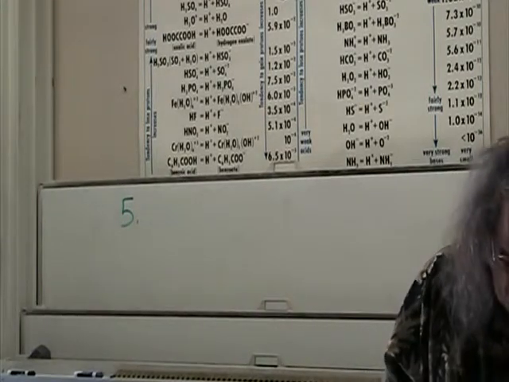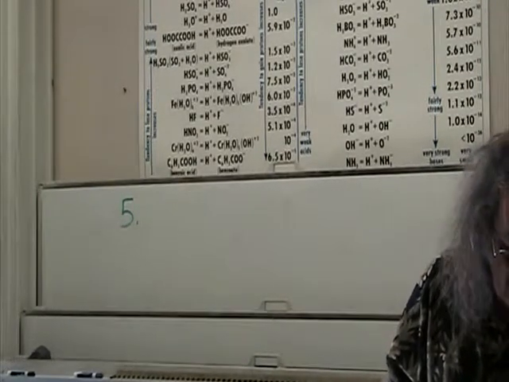What effect will reducing the volume of the reaction vessel at constant temperature have on the following equilibrium?